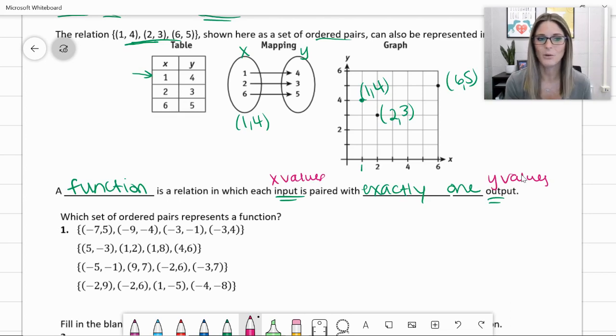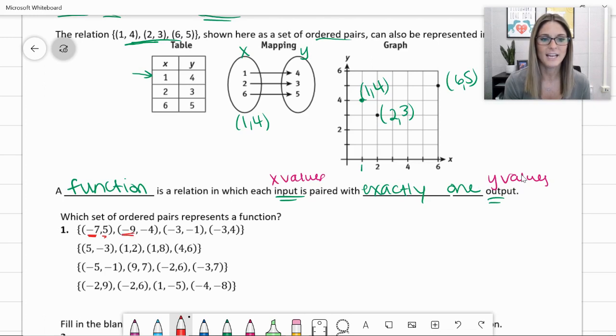So let's look at example number 1. Which set of ordered pairs represents a function? So the first line there, (-7, 5), (-9, -4), (-3, -1), and (-3, 4). Okay, so as I look at it, -7 is paired with 5 in that ordered pair.